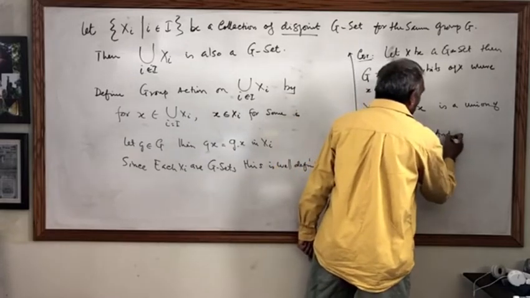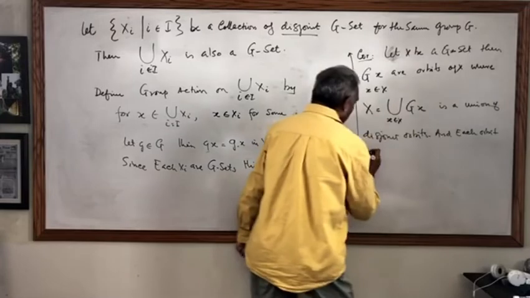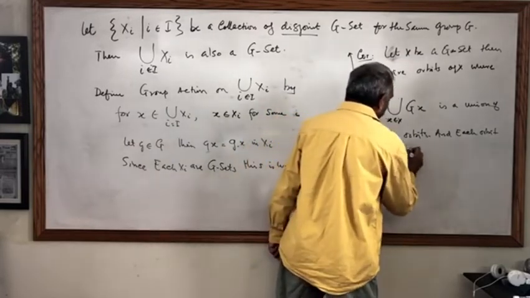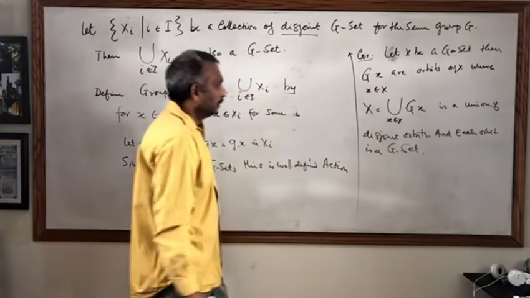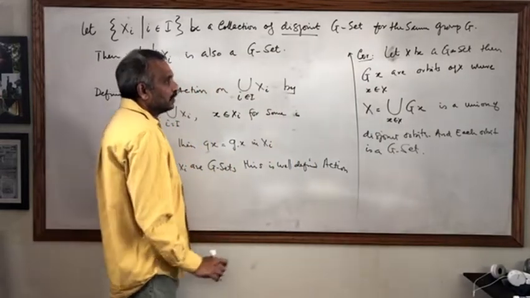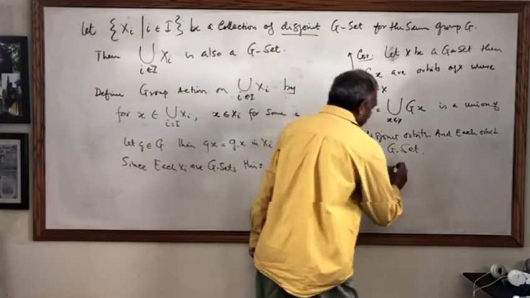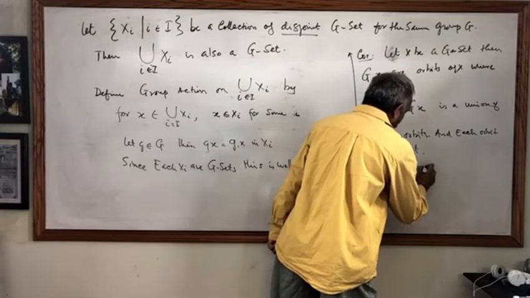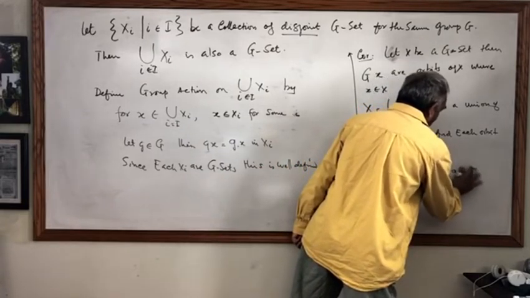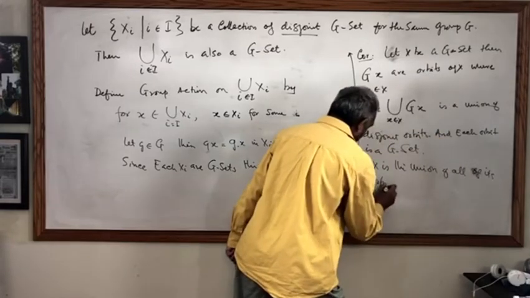and each orbit is a G set. So that means X is the union of all of its orbits.